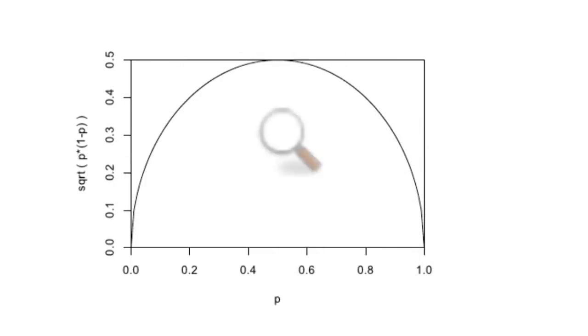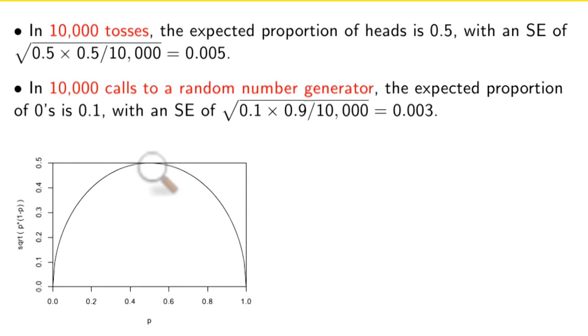And at a half, you see that it's at its peak, and at p equals 1/2, what's root p times 1 minus p? It's root of 0.5 times 0.5, which is 0.5. No surprise there. That is a correct graph. And you can see that this graph has its maximum at a half.